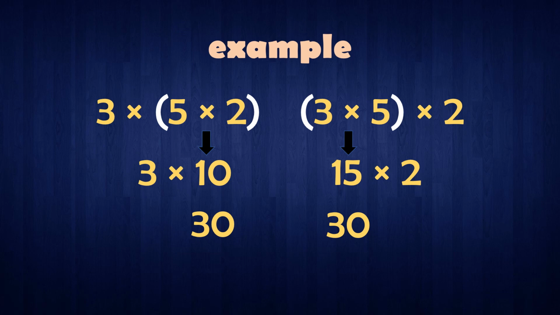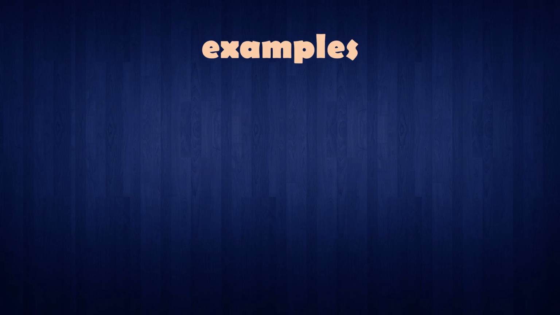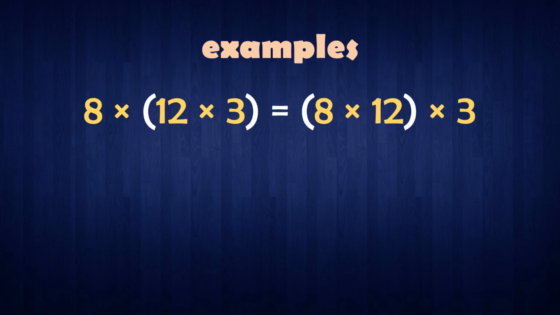As in both cases, the answer we get is the same, irrespective of the order in which the numbers are multiplied. Hence, multiplication is associative. Here are other equations that show associative property of multiplication.